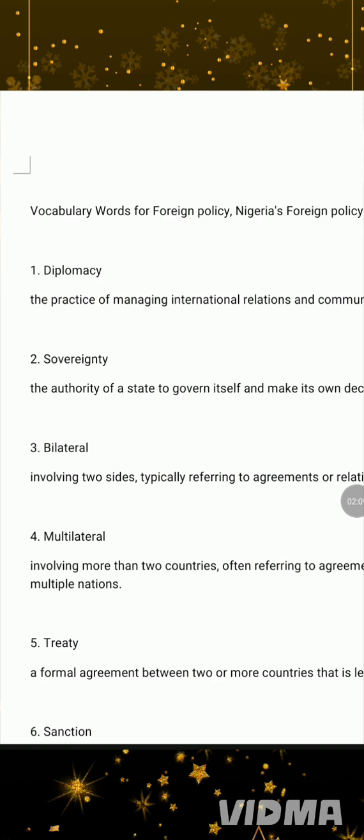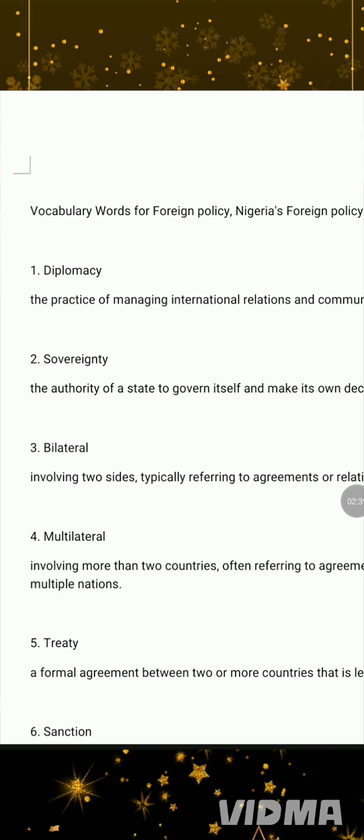So it therefore means that the way state A behaves to state B, and let's say for example state A is Nigeria and state B is Ghana, the way Nigeria behaves or reacts towards Ghana defines our foreign policy. So that is just the basic idea before I dive right into the concepts of foreign policy.